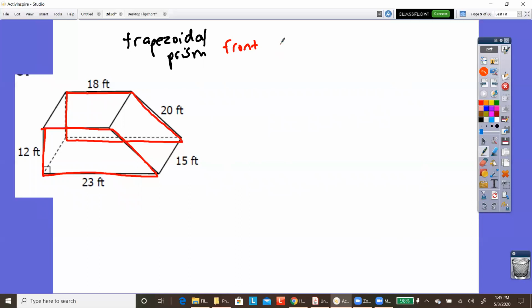Okay, so the front is a trapezoid, so it's 1/2 times the height times the sum of the bases. Now the height of the trapezoid is the perpendicular distance between the parallel sides of the trapezoid. You're only focusing on the trapezoid. So the height of the trapezoid is 12.